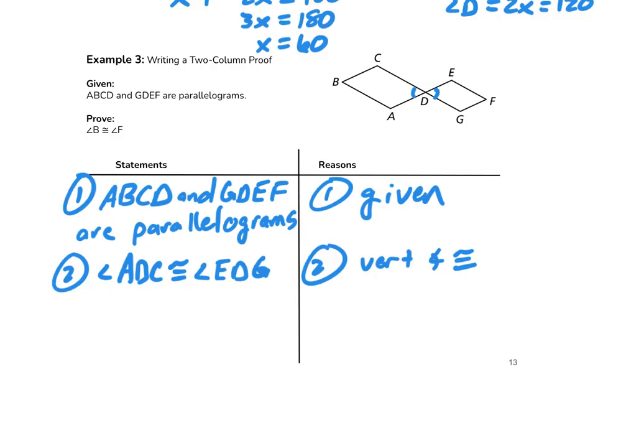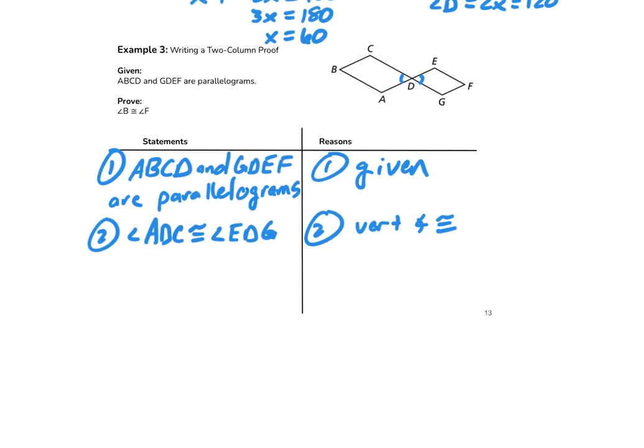Okay, now where that helps me is if I look at this parallelogram, what angle would be congruent to angle D? Angle B, right? Because what we just talked about today is we already know that this is a parallelogram, right? And we know angle D now, and we know D and B are congruent. Okay, so what I can say here is that angle B is congruent to angle ADC.